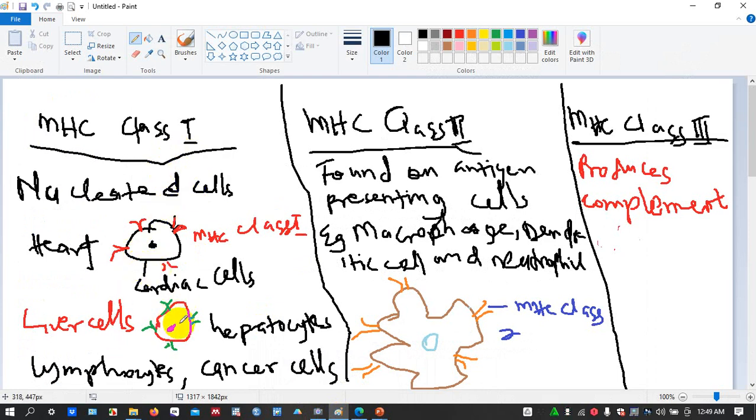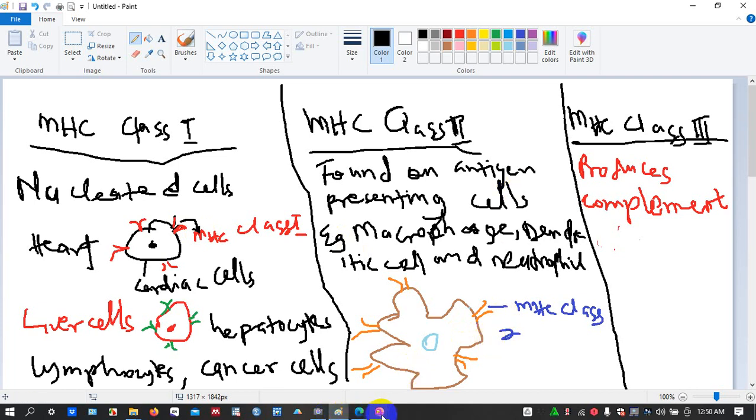Example, the hepatocytes, the cells of the eye, the kidney, the blood, the connective tissue, the liver, the spleen. They all display MHC class 1 on their cell surface.